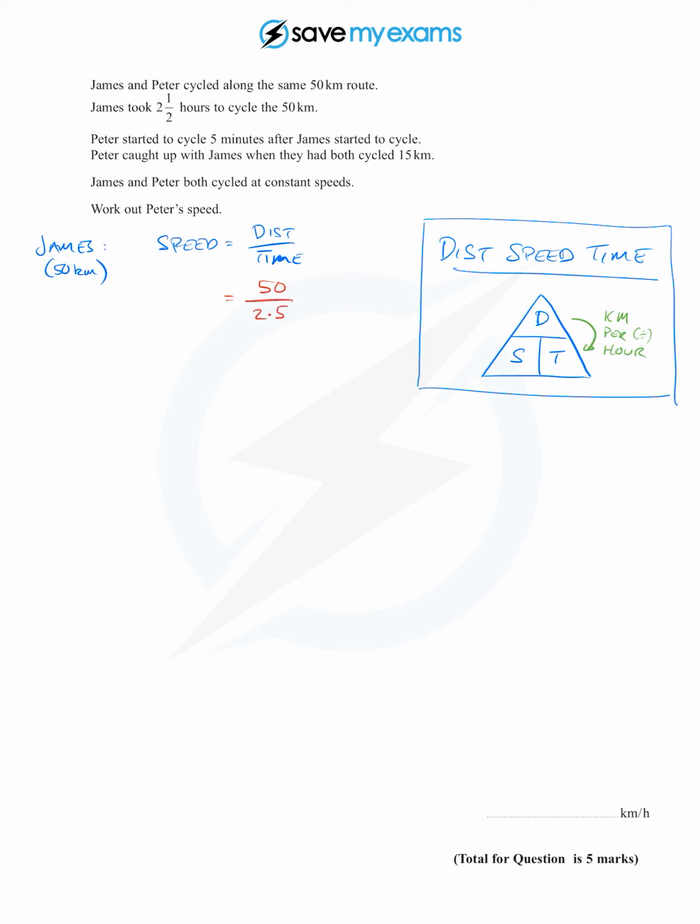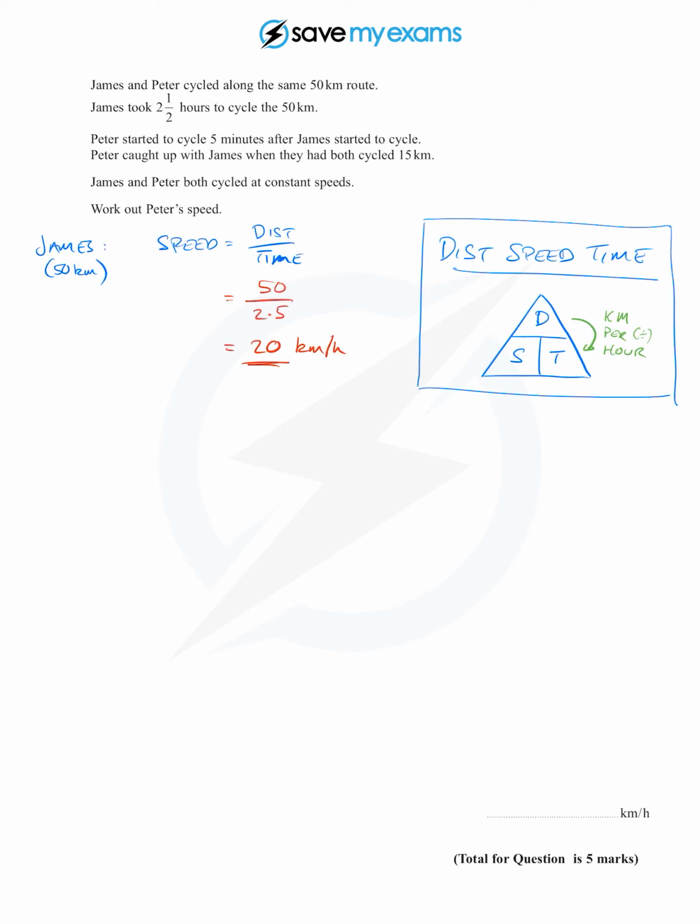Now, can you do 50 divided by 2.5 in your head? Of course you can, because 5 over 2.5 is 2, but it's 50, so we've got 20, so that's that extra 0. So his speed was 20 kilometres per hour.